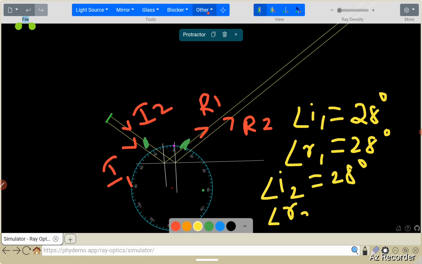So angle R2 is also equal to 28 degree only. Understood? So this is what regular reflection is. I hope you understood this concept. So here for parallel incident rays, the reflected rays will be parallel. Understood?